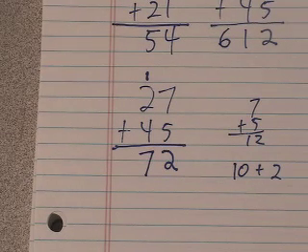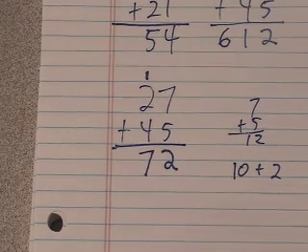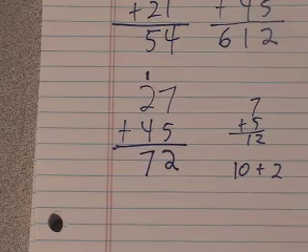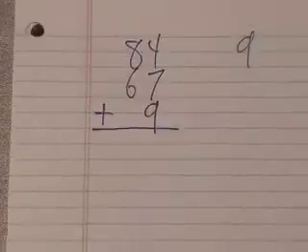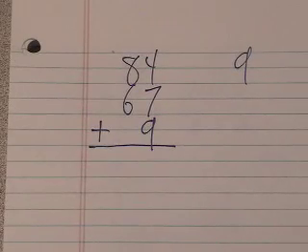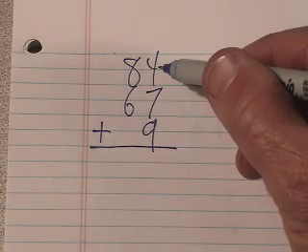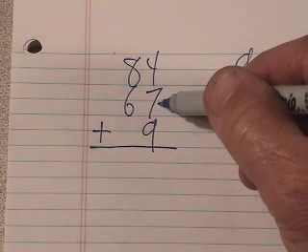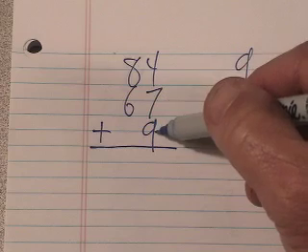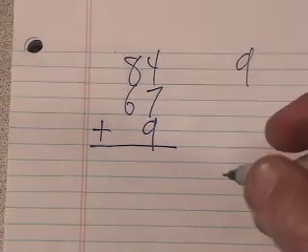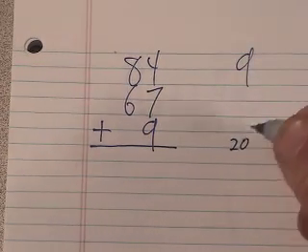Okay, let's take a look at some of the problems from the earlier video. You might remember this one if you saw the other video. Okay, now let's take a look. 4 plus 7 is 11, and 11 plus 9 is 20. Okay, so we've got 20.